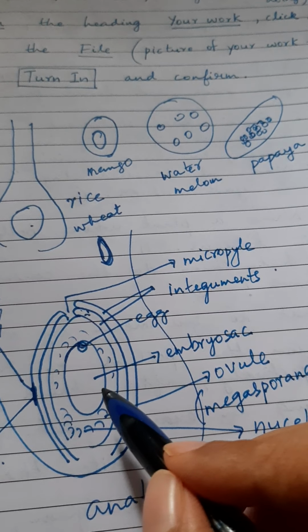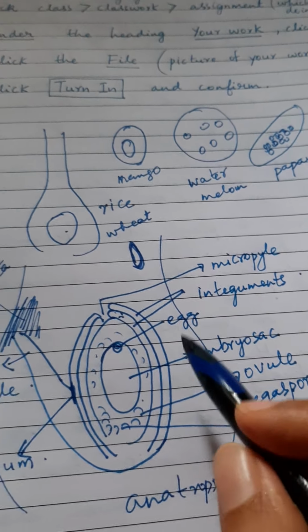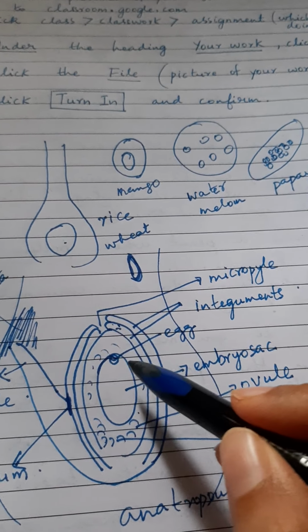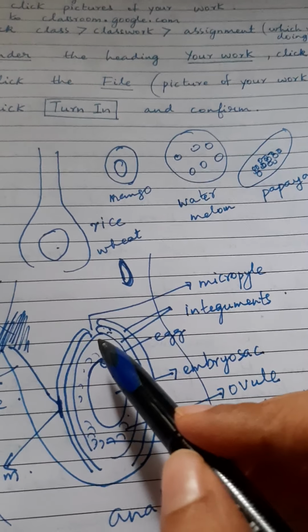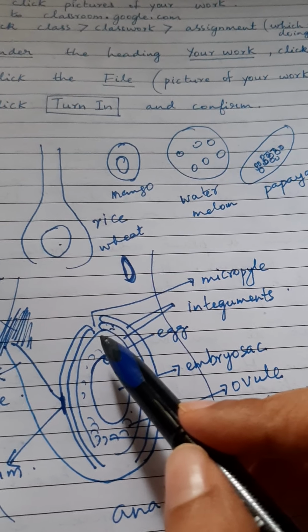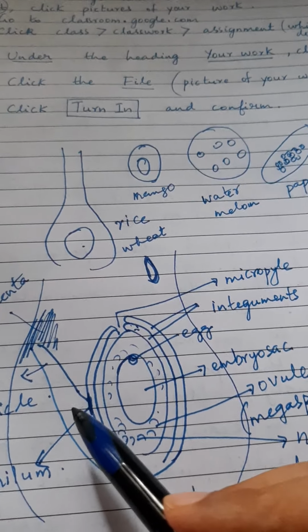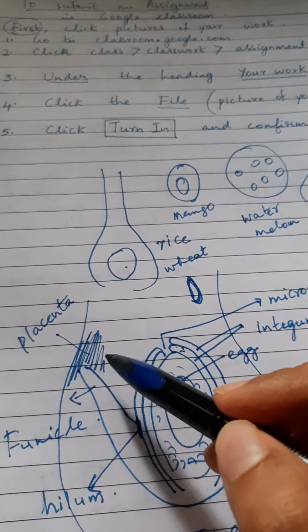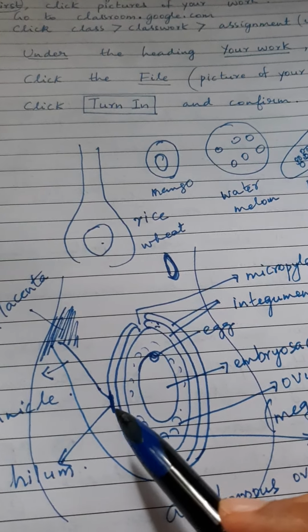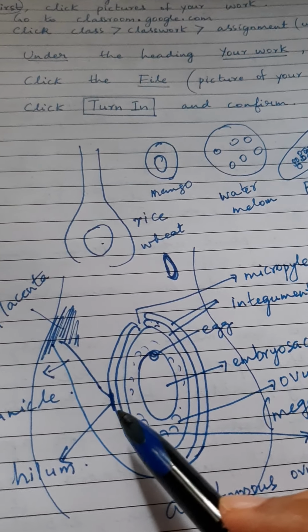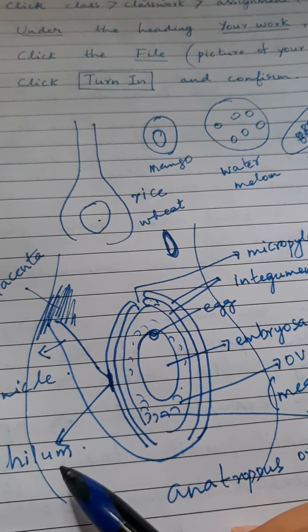So, the ovule consists of an embryo sac inside, integuments covering it except a point called micropyle, a stalk called funicle attached with the placenta of the ovary, and the spot where the funicle attaches with the ovule, which is called hilum.